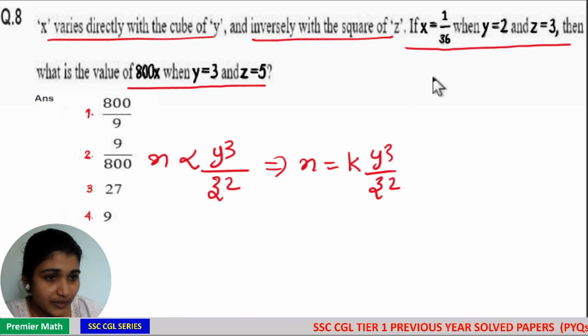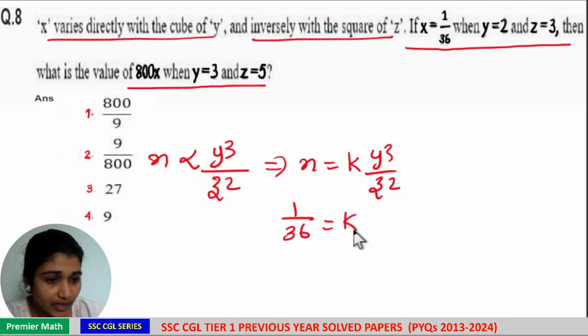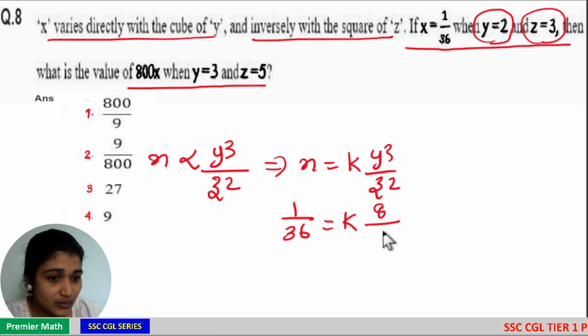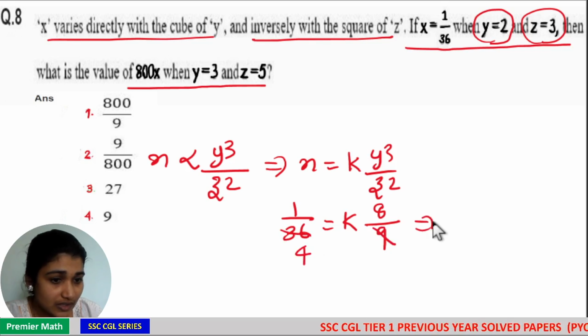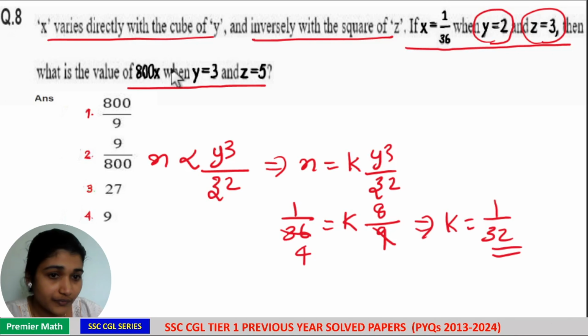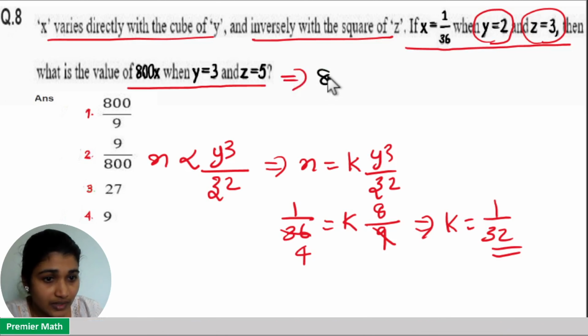Now substitute the values. Here x is 1 by 36 when y is equal to 2, means y cube is equal to 2 cube, which is 8, and z is 3. Z square is equal to 3 square, which is 9. 9 goes 4 times in 36, means here k is equal to 1 by 32. Then find 800x when y is equal to 3 and z is 5.